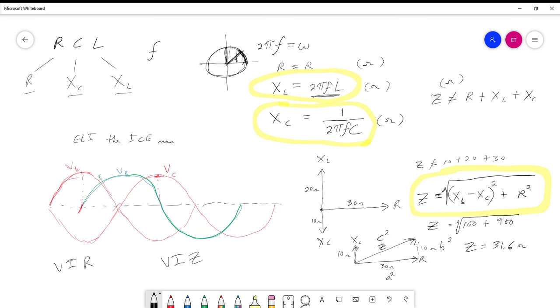Z is what you can do Ohm's law with, and it takes into account any capacitive and inductive reactance. We didn't need it in the DC course because the voltage wasn't changing in time, so frequency was 0. But now we need it.